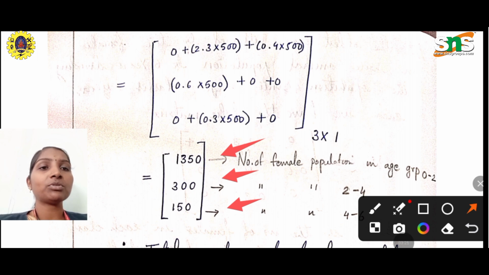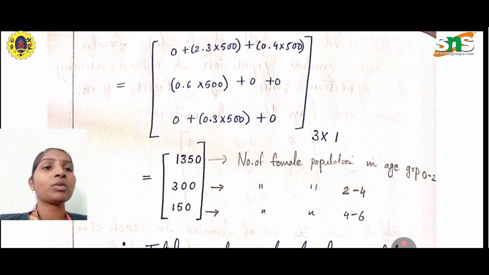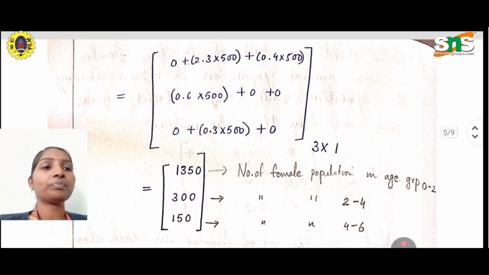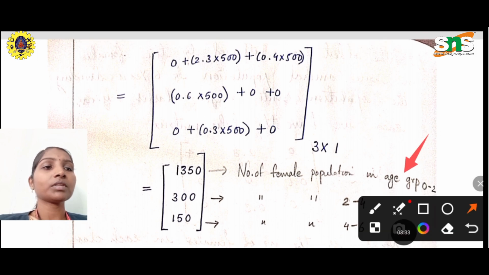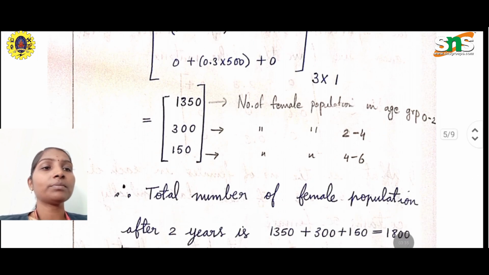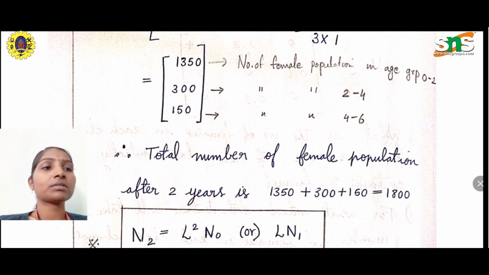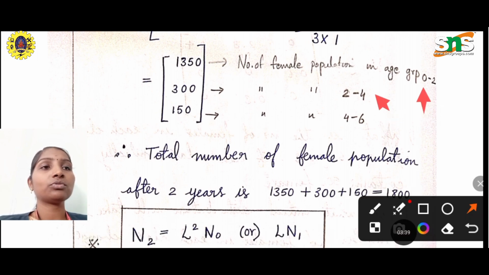What are these values? These values are the total number of females in each of the age groups: 0 to 2, 2 to 4 and 4 to 6. These are the values after 2 years.